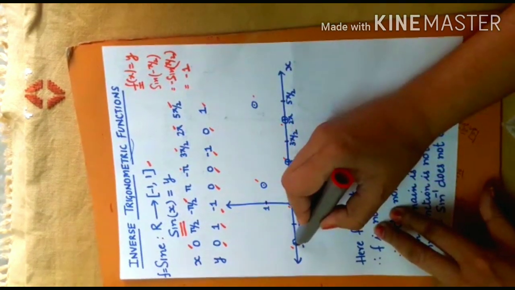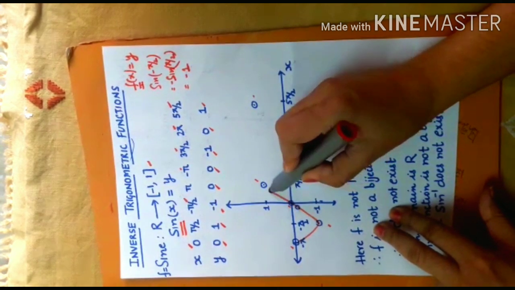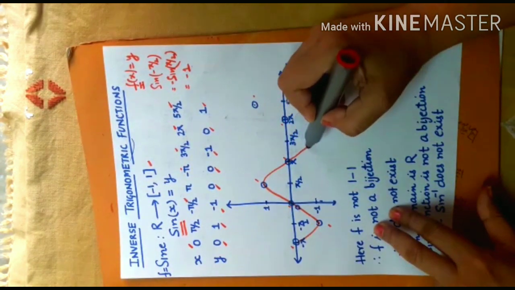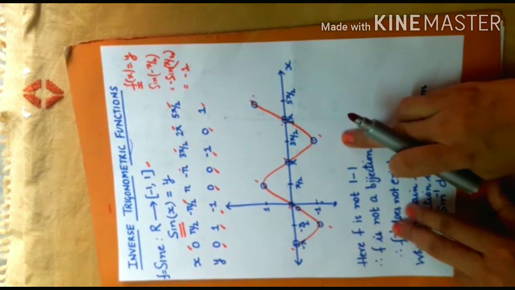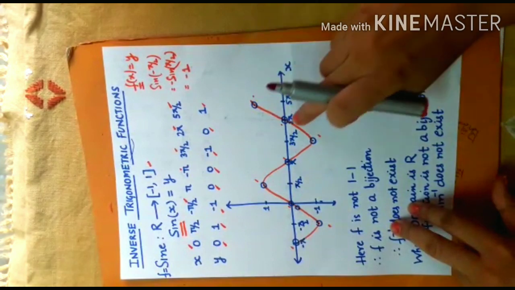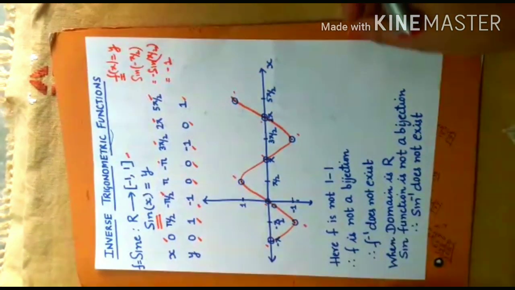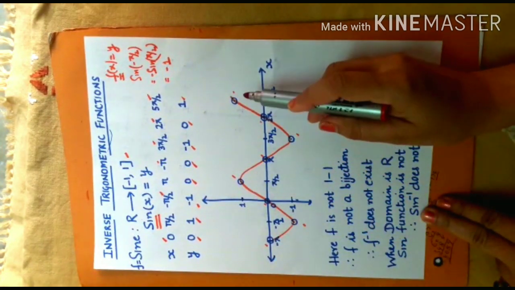Now let's join these points. So this is the graph of the sine function, and it will go on like this. So here we have obtained the graph of the sine function.